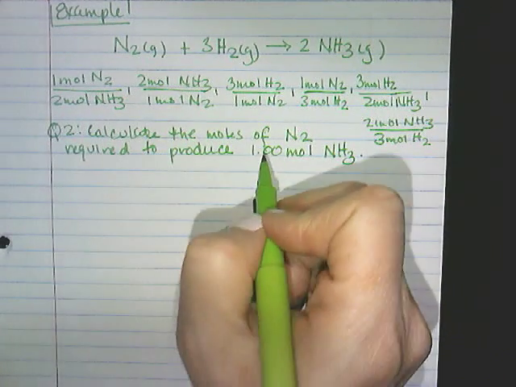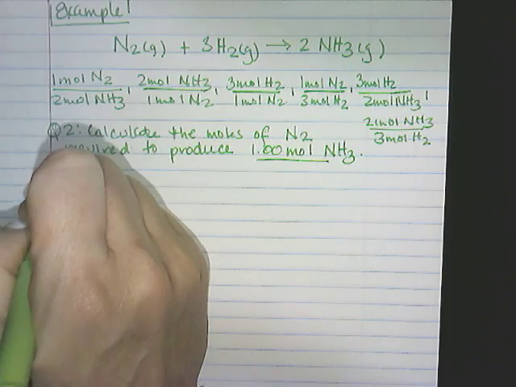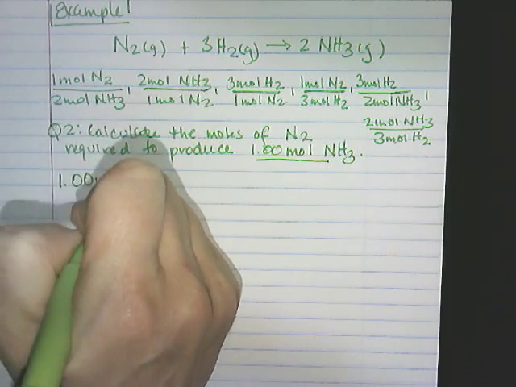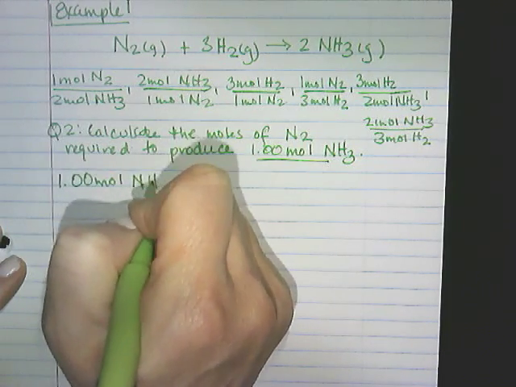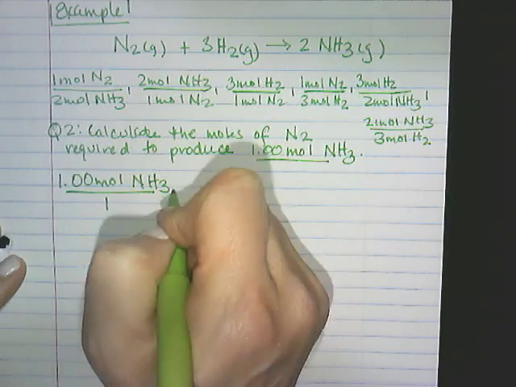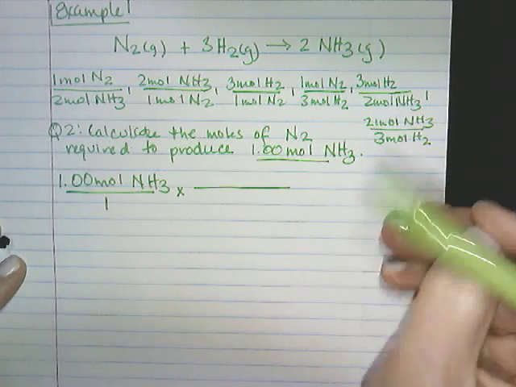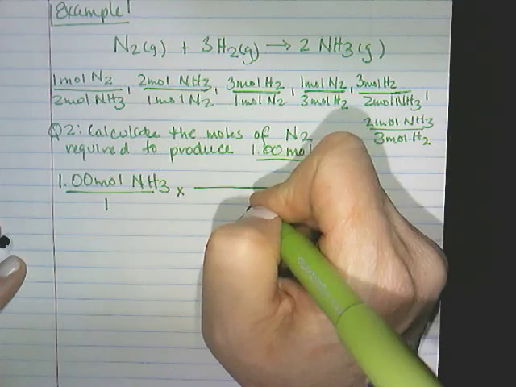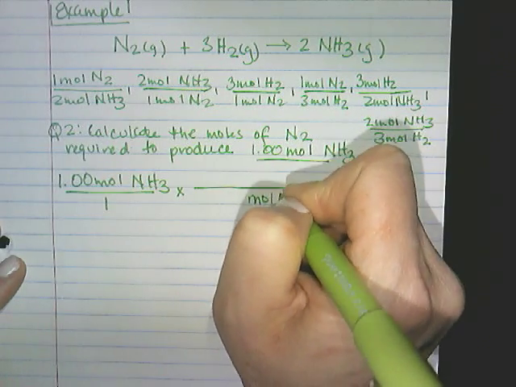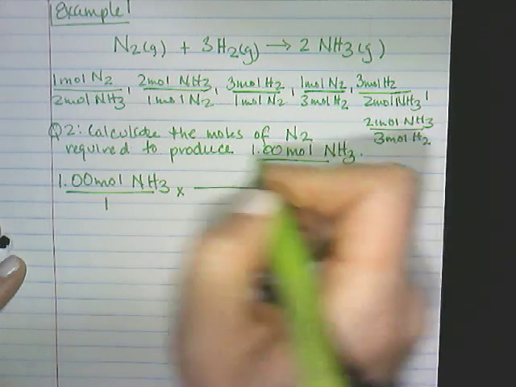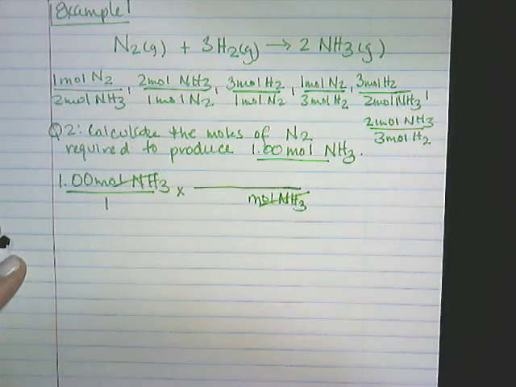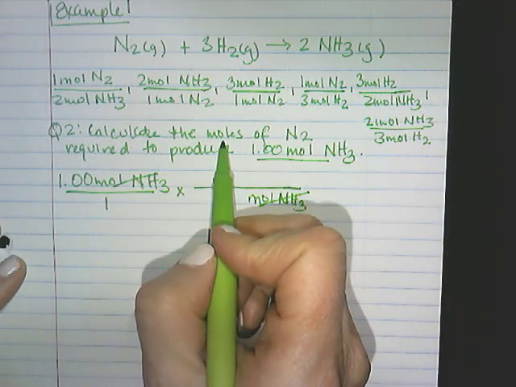All right, so we write what we know, which is 1.00 moles of NH3 all over 1 times moles of NH3 in the denominator so that they can cancel. And we want to solve for moles of N2.